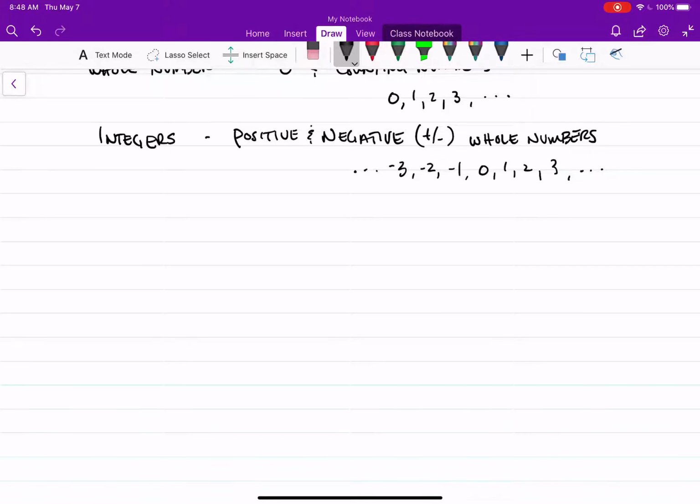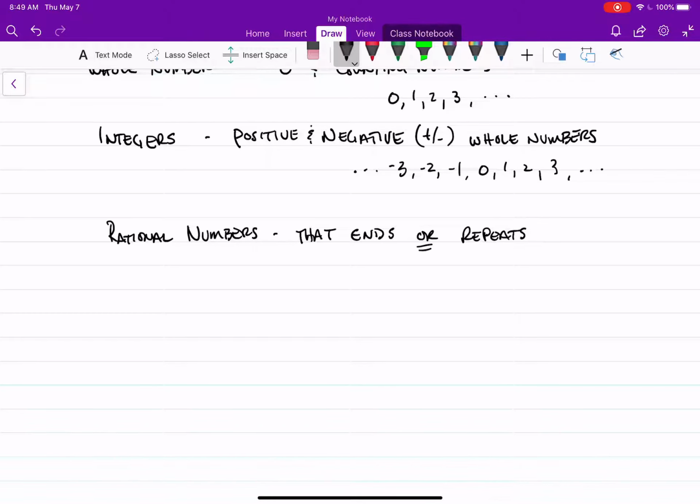What other numbers are there? Well, there are also rational numbers. Rational numbers are numbers that, how about if I put it this way, end or repeat.